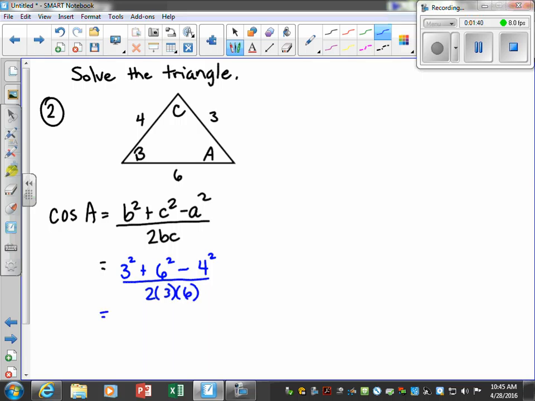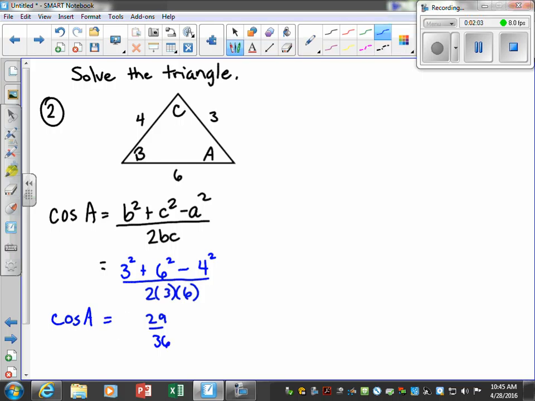Alright, putting that in our calculator, we're going to simplify to, it looks like 29 over 36. So cosine of A is equal to 29 over 36.